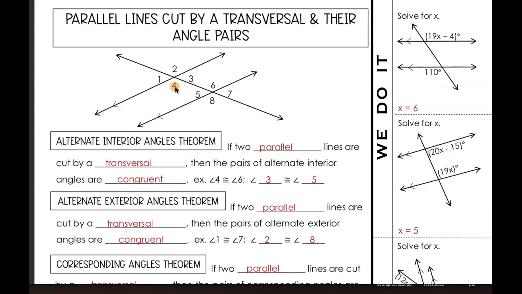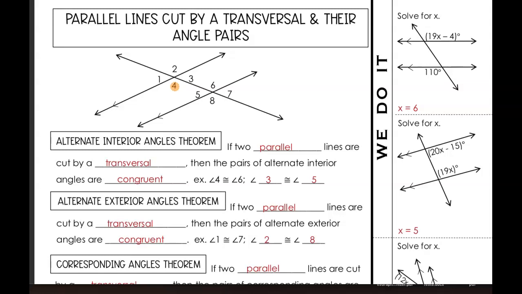If parallel lines are cut by a transversal, then the pairs of consecutive interior angles are, what does it say? It does not say congruent. Supplementary. What does supplementary mean? Sum equal 180. They equal 180.